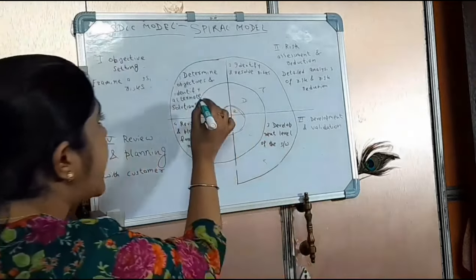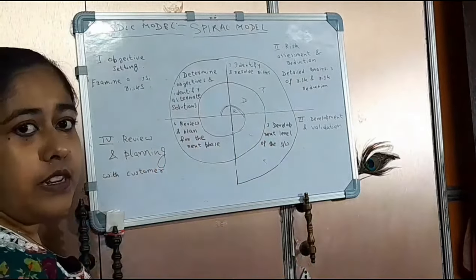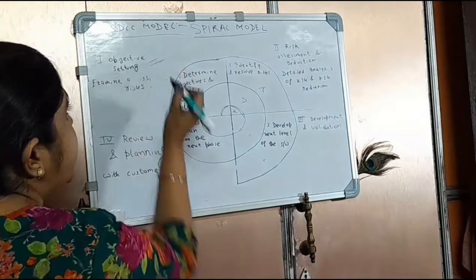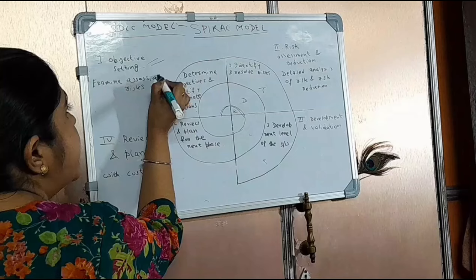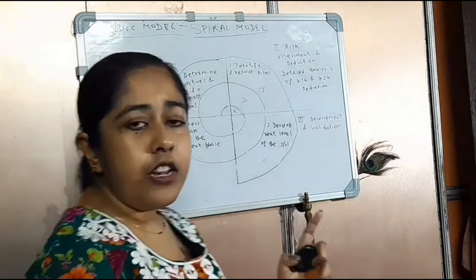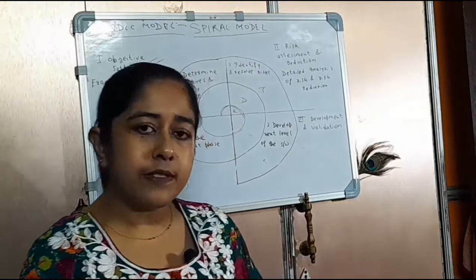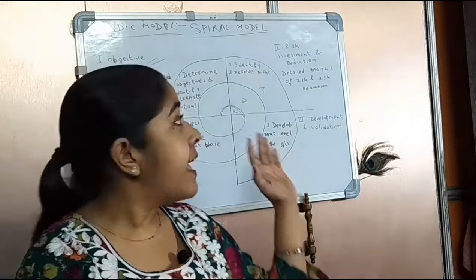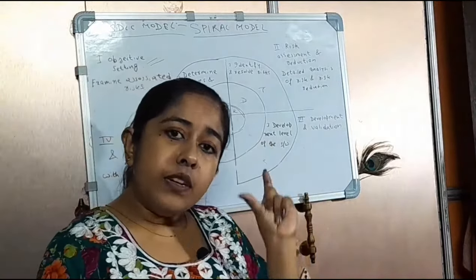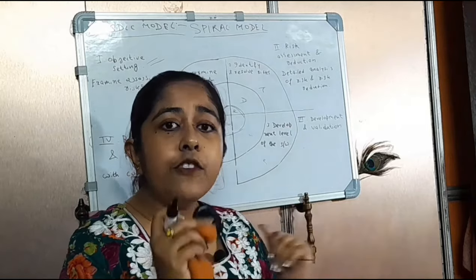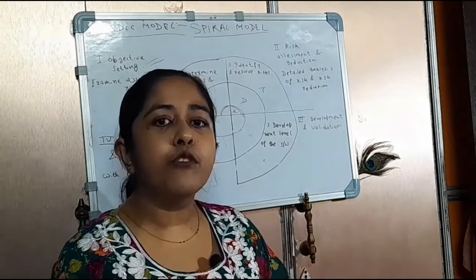See, the main basic logic of this model is objective setting and examining the associated risks. First of all, you set the objective, that this is my objective for this particular phase. Then we do an assessment of what kind of risk can be in my project.